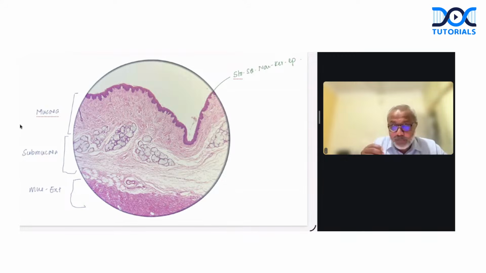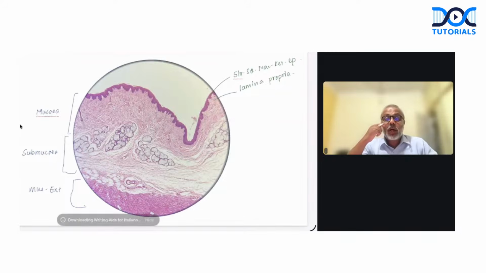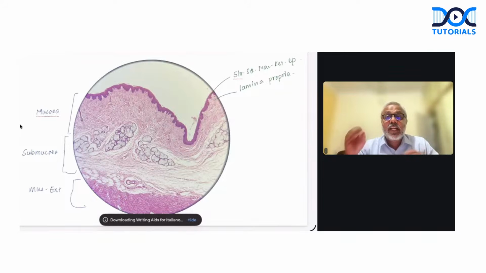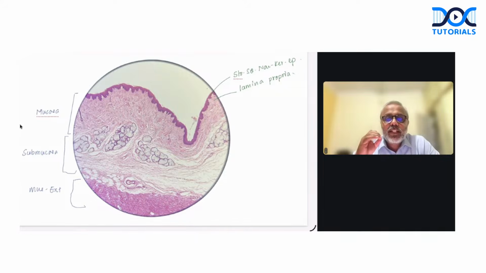Then deep to this lies a thin layer of lamina propria. Now, what is lamina propria? Lamina propria is the loose connective tissue lying beneath the epithelium, and this contains blood vessels, lymphatics, and other structures. Are we clear? So this is lamina propria.